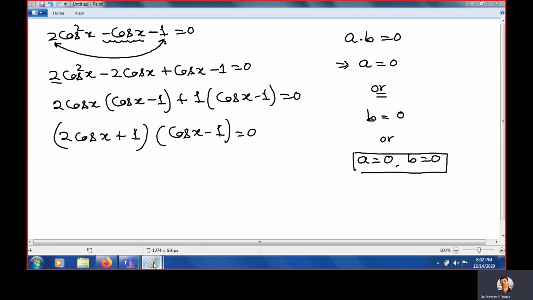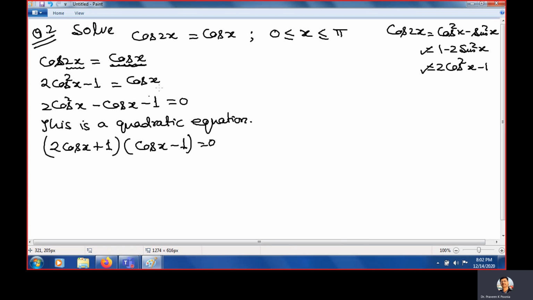So to get the solution of this factorized equation, we will put the first one equal to 0: 2cos x + 1 = 0. What is it? 2cos x is equal to minus 1. Divide by 2, so cos x is equal to minus 1 upon 2. Clear?